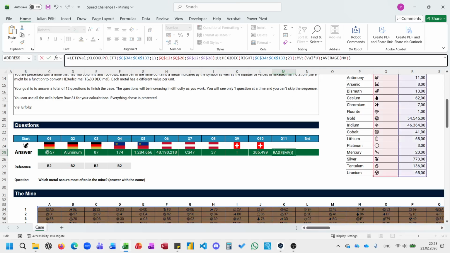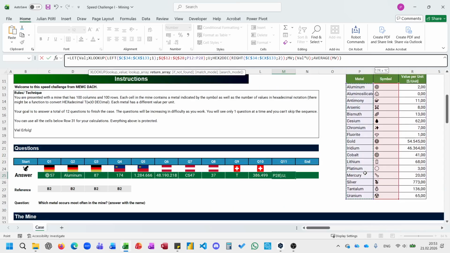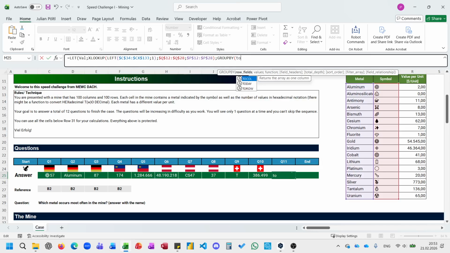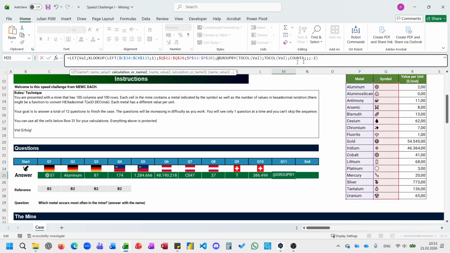And here LEFT, instead of the value, I return the name. And then I use GROUPBY TOCOL val, COUNT, A minus 2 and add.